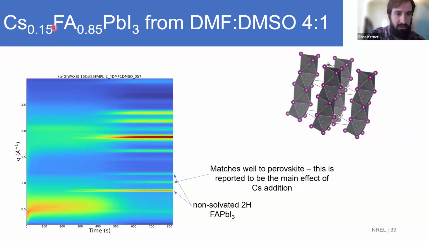We add even more cesium. Okay, now we see something. Now we see something that might match well to perovskite. Yep, that's about right. So you definitely see the 2H phase nucleate first, and then something that might be perovskite afterwards, but you have to add in a ton of cesium.